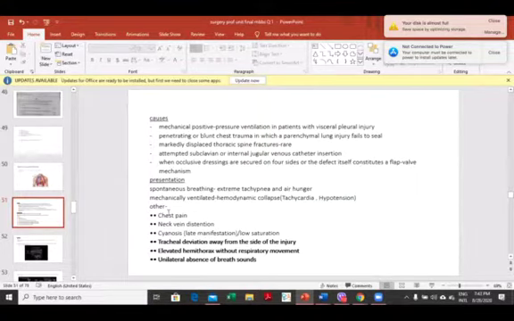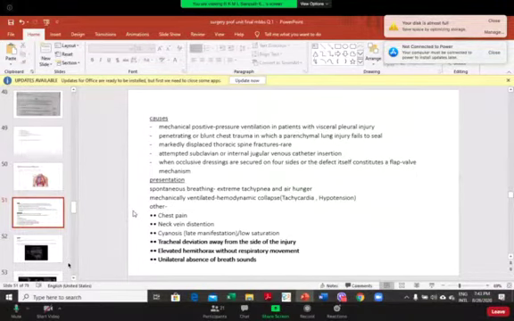Then, how do you diagnose tension pneumothorax? Patient comes with these symptoms and signs. Then, how do you diagnose? And the answer. Next. Chest X-ray.